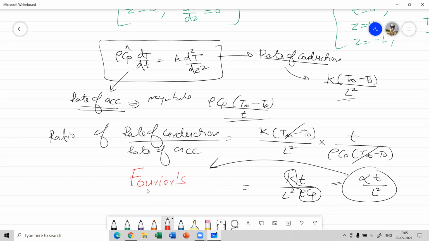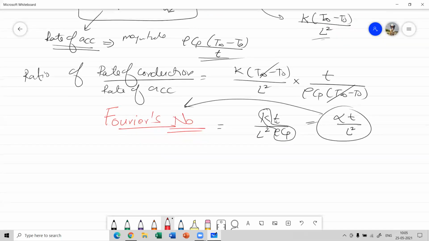This particular dimensionless term is called Fourier's number, which is the ratio of rate of conduction to rate of accumulation. Clear? So this is dependent upon the thermophysical properties of the material, that is alpha, K, rho, Cp, time, and the thickness of the plate.